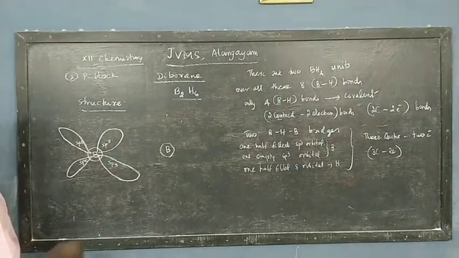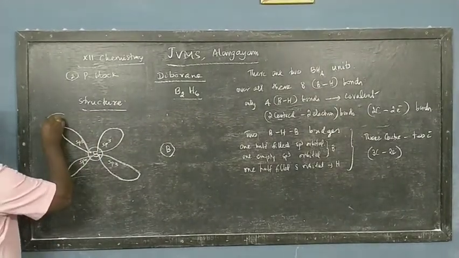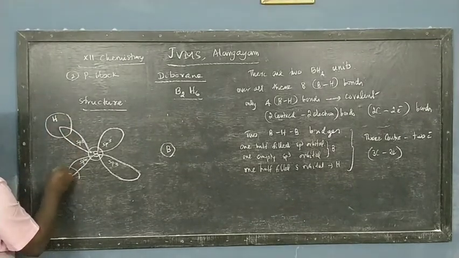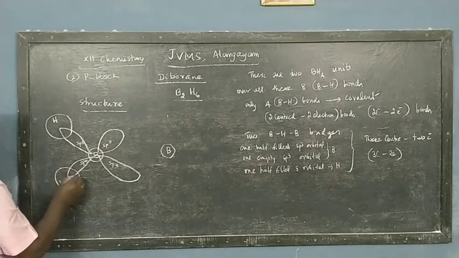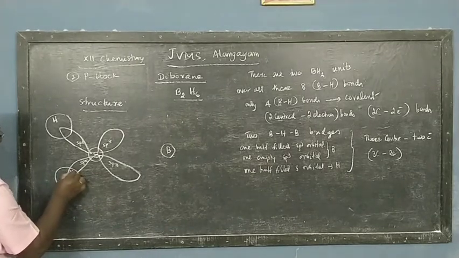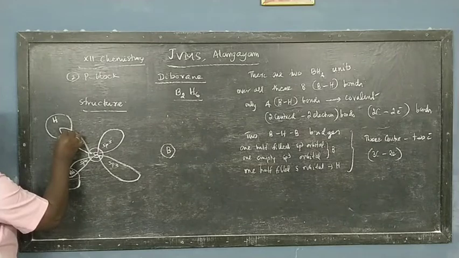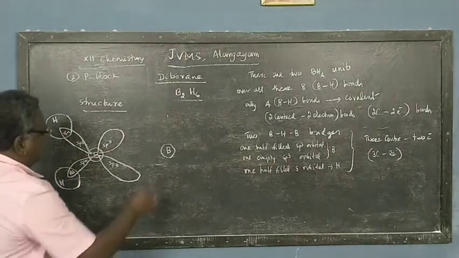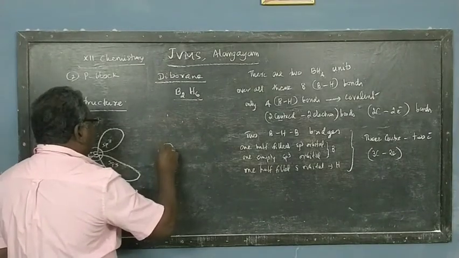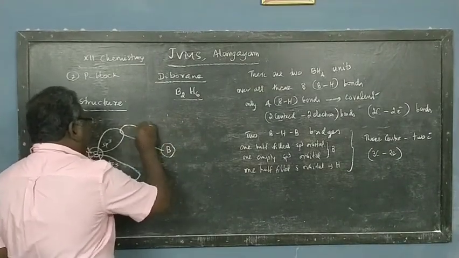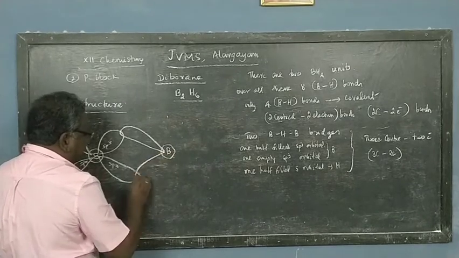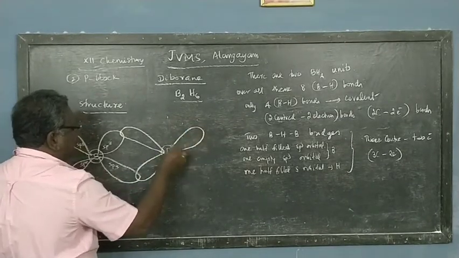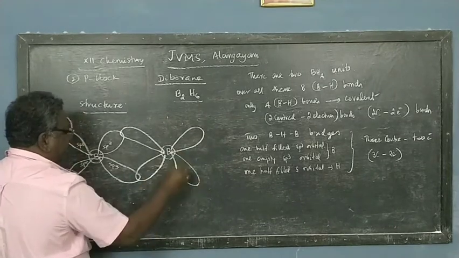And 1 hydrogen atom will have an s orbital, and 1 hydrogen here will also have an s orbital. So this will have 2 electrons. Here again, this boron will also have sp3 orbitals overlapping.